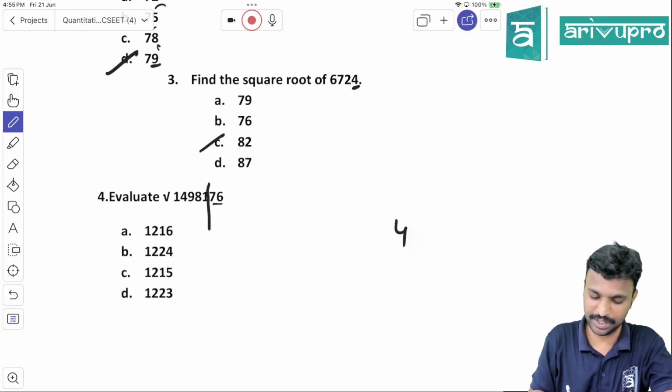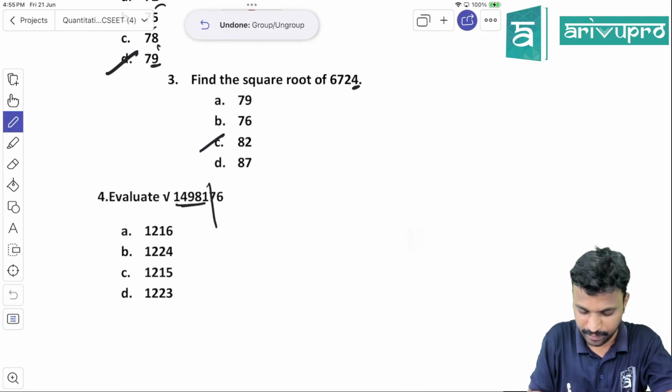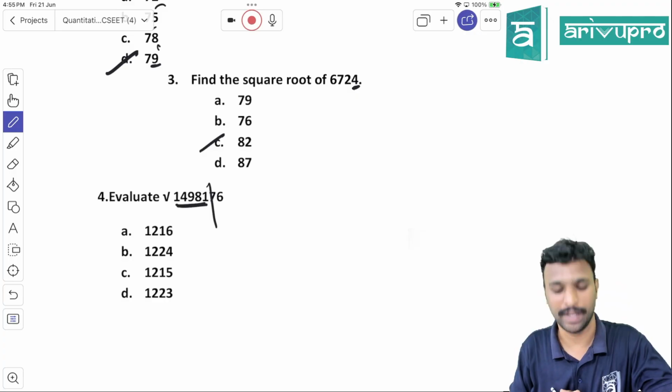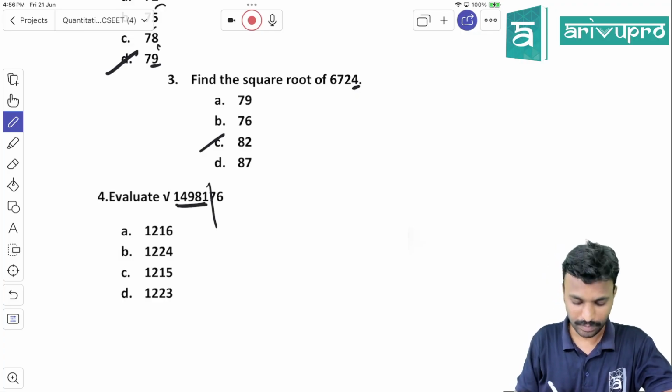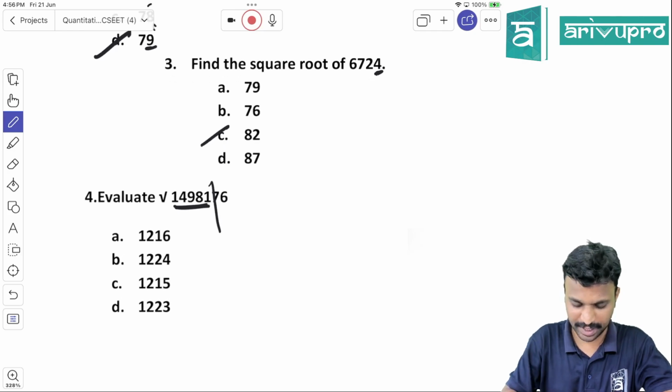If I separate these two, how many digits do I have? A 5 digit number. So it is a 5 digit number.